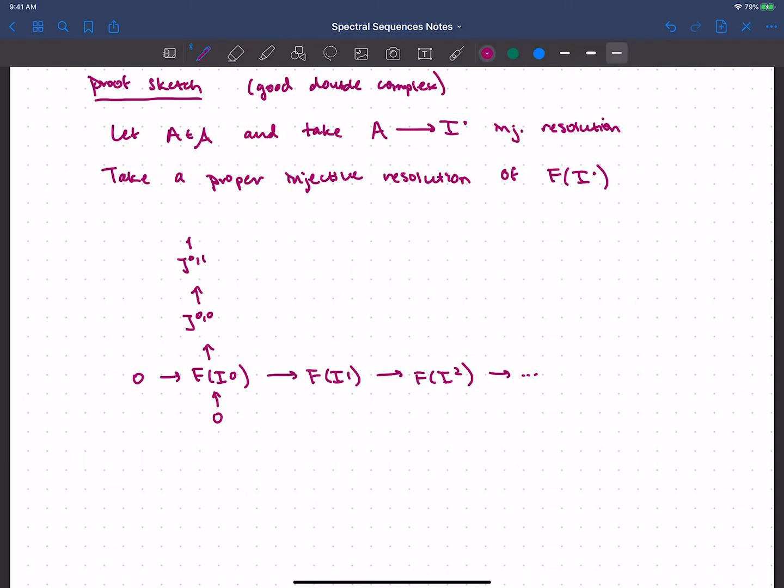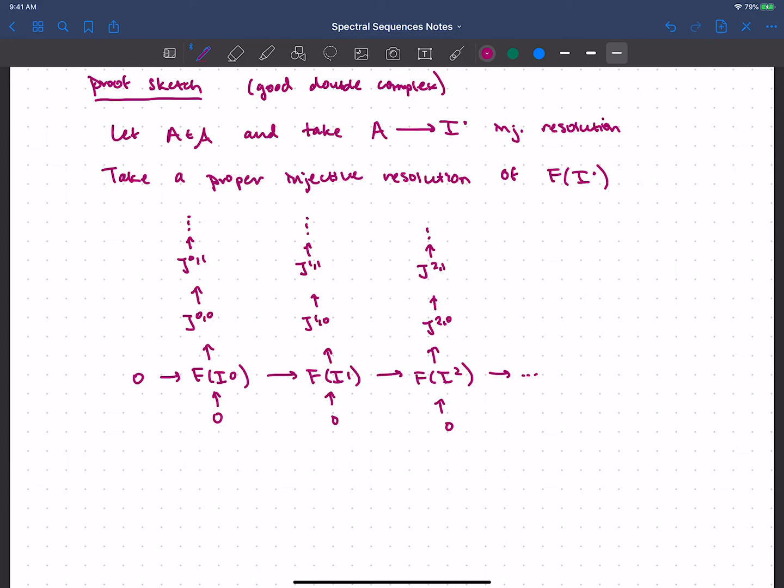So this whole column is an injective resolution of that first thing. I should have an injective resolution of the second thing. And the third, and so on, of course. I'll just draw this little bit of it, mostly because it'll help to have it to refer back to.